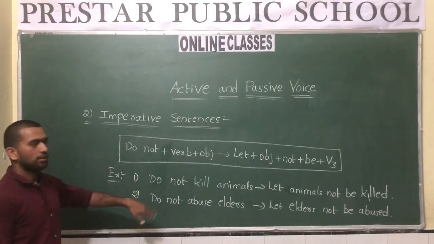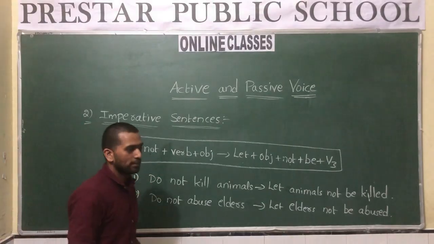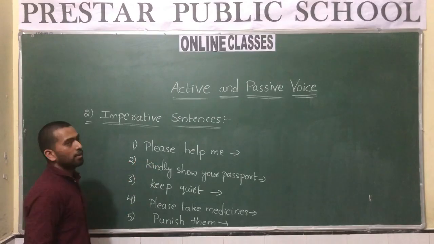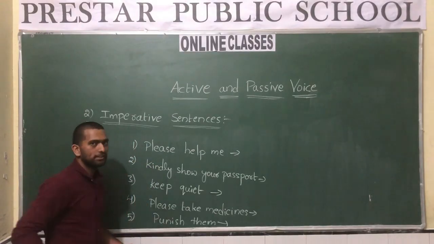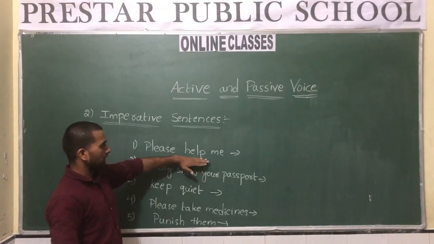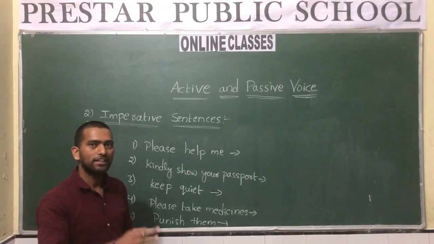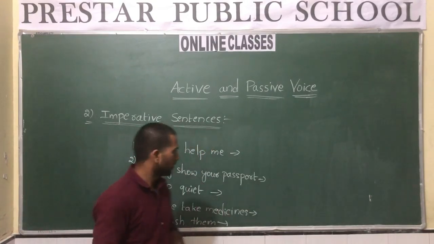Now let us move to the third pattern. Here are some examples which are imperative sentences, but these types of sentences may not follow the pattern I have given recently.